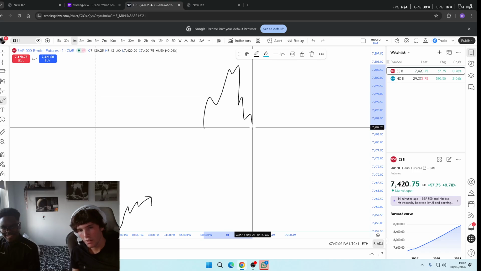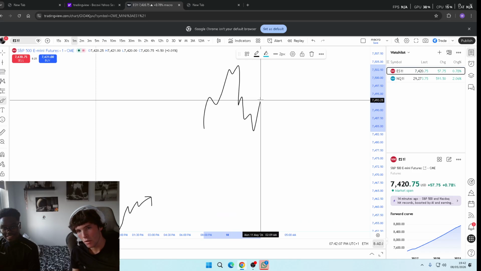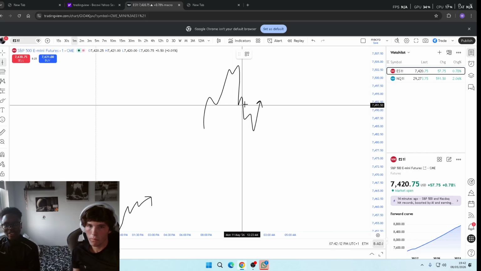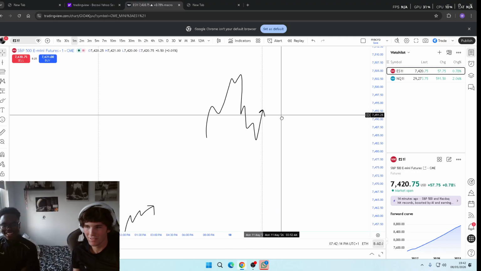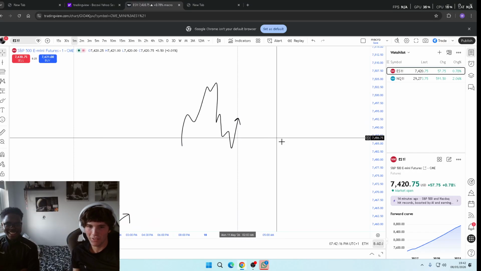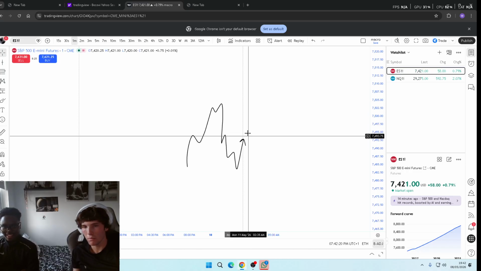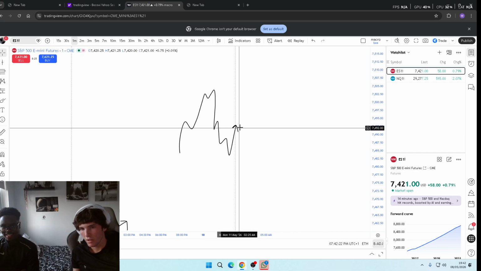Right, then this is the previous day, and this is market open right here. It looks like a ghost, right? This isn't actually the time market opens, but pretend this is market open.